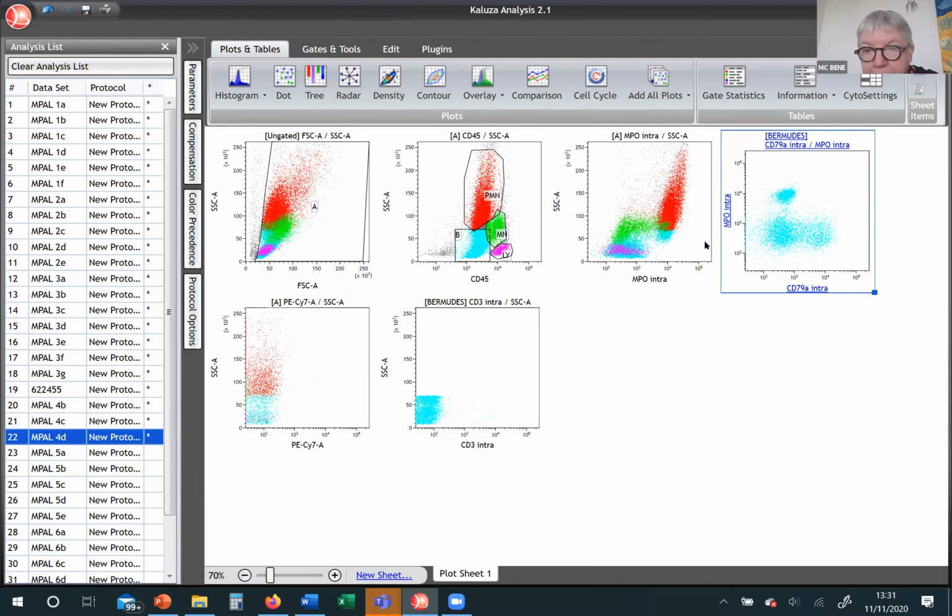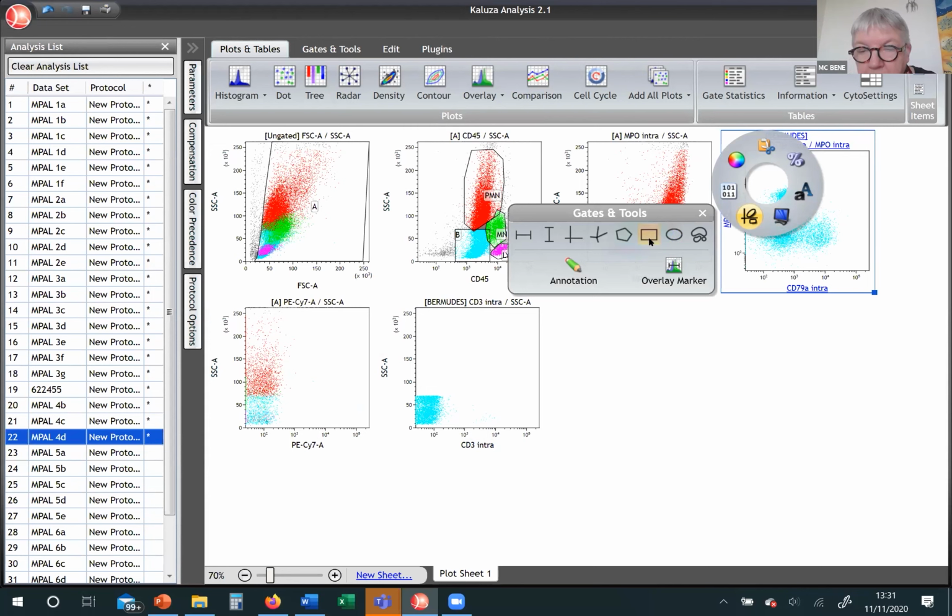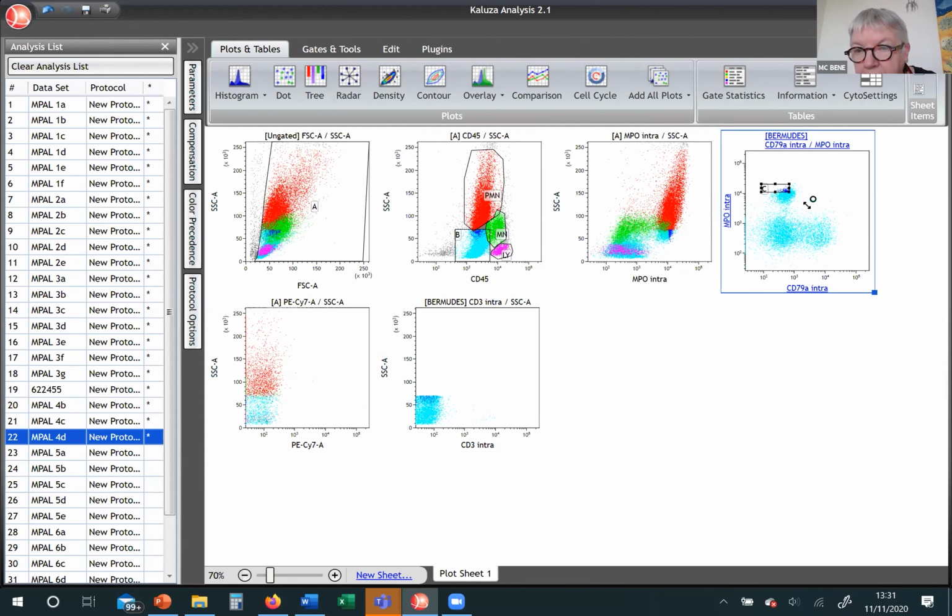So this is actually part of the neutrophils, as you will see here, because you see here the bright MPO in the neutrophils, and we have the same intensity in the 79A and the myeloid cells, which is slightly bigger than what you have in the T cells here.